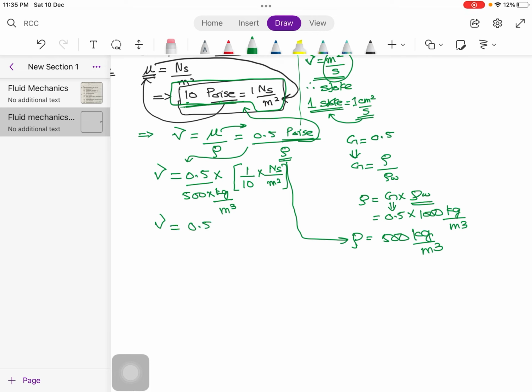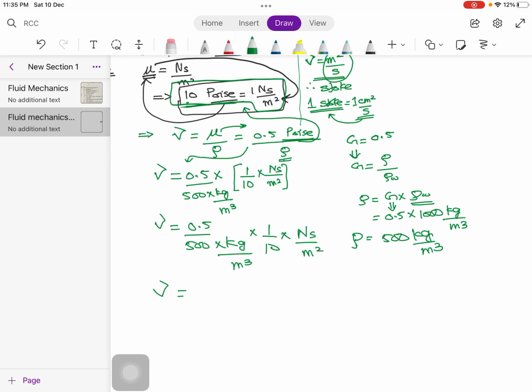So 0.5 upon 500 times kilogram upon meter cube times 1/10th of a Newton second per meter square is the kinematic viscosity.